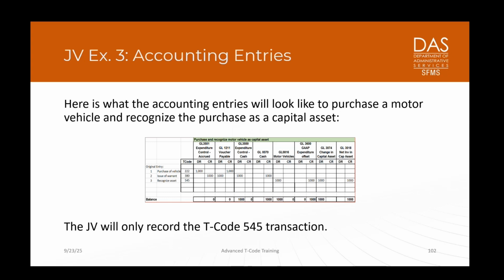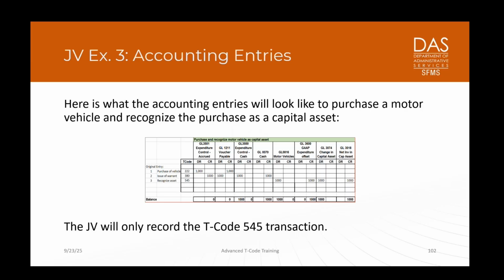Then we issued the warrant, paid it, and posted T code 380 for the issued warrant. That cleared the expenditure control and voucher payable, but generated expenditure control cash, and our cash balance was reduced.